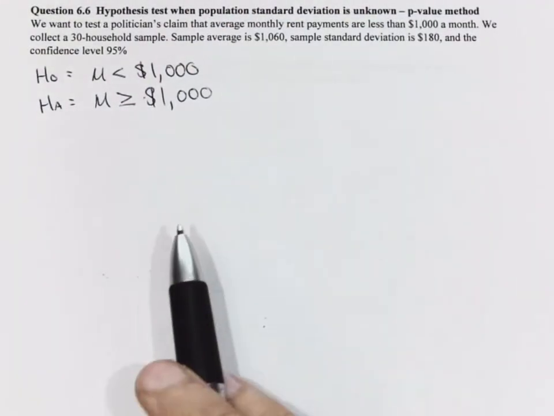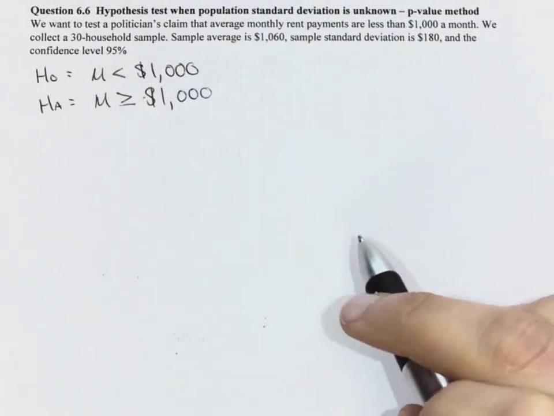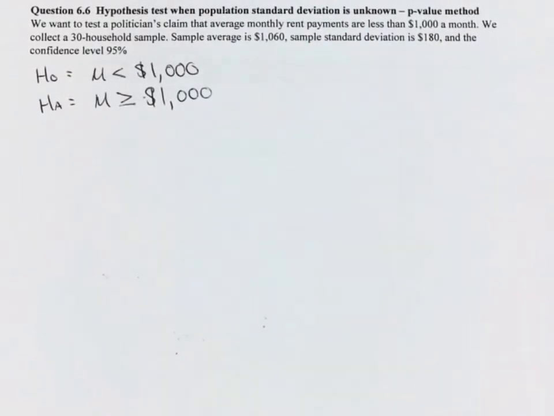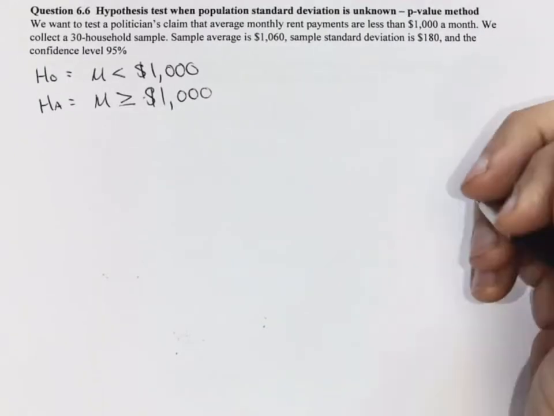So to do this, because we don't know the population standard deviation, but we do know our sample standard deviation, we can use the following formula.